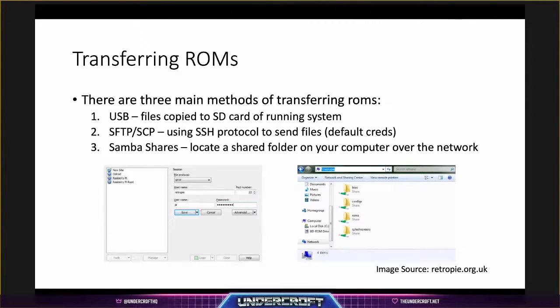The other easy methods, in my opinion, are stuff like SFTP and SCP, if you're familiar with the SSH protocol, to send those things, or using Windows Samba shares. In fact, you can find your RetroPie on your network in Windows, and it already has shares that are writable for you to add games to.